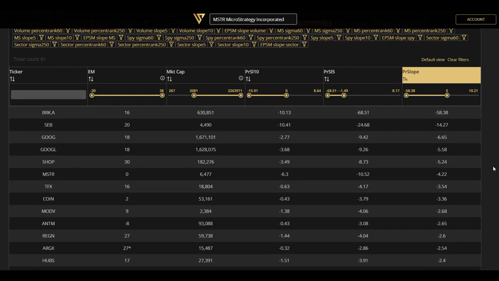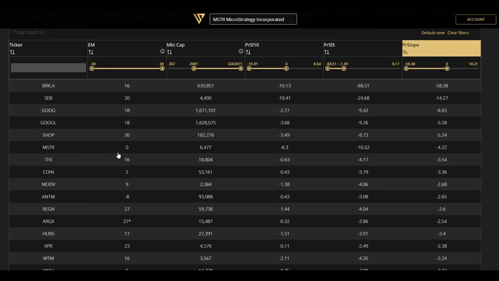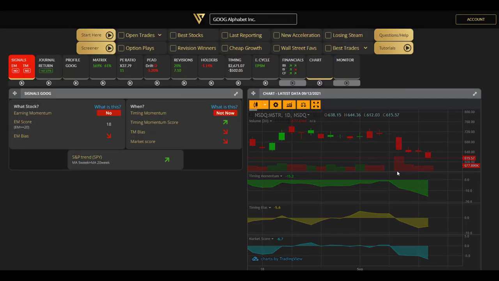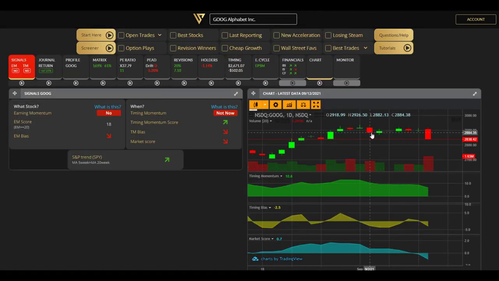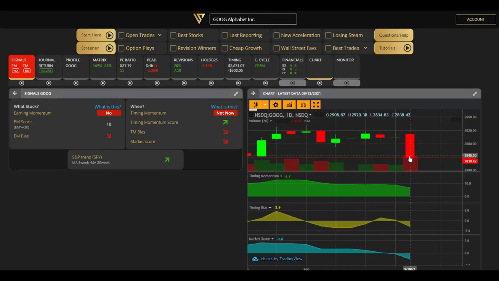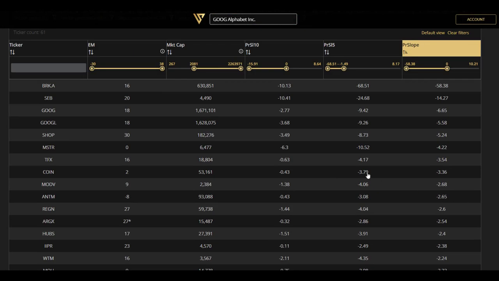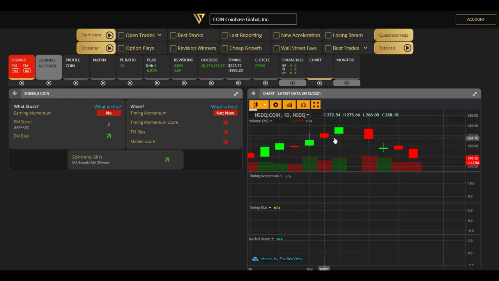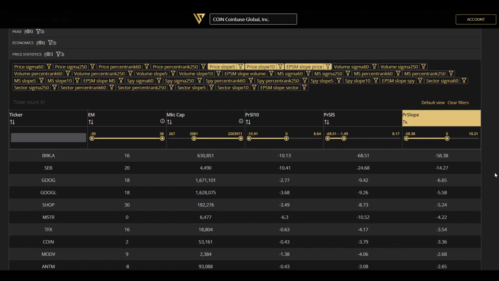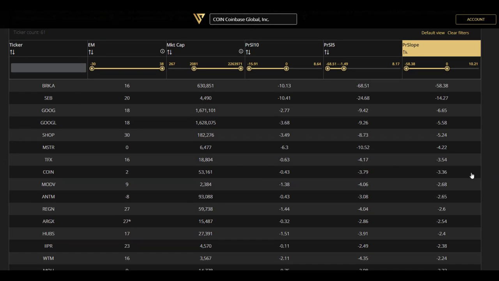Okay, so another example, Google, maybe. There you go. So actually down slightly, but down strong in the last day or two. Okay, Coin. Down overall and down in the last 5 days, right? So this is very useful for that.